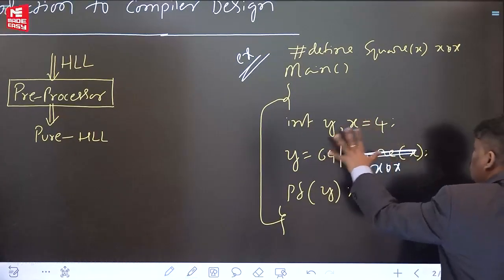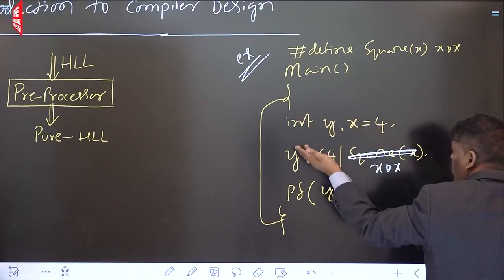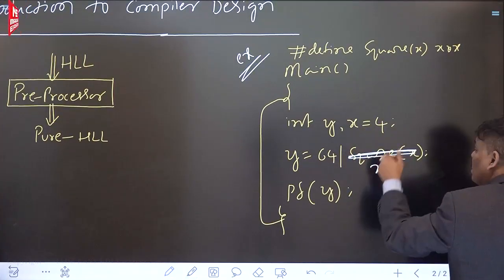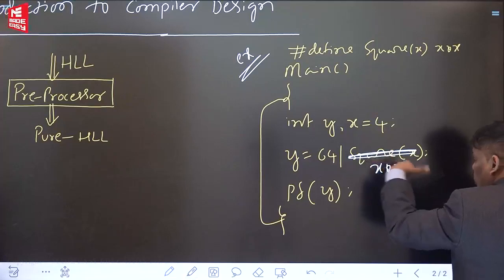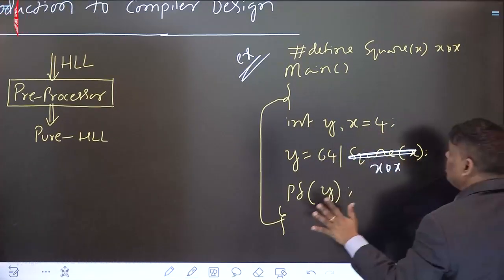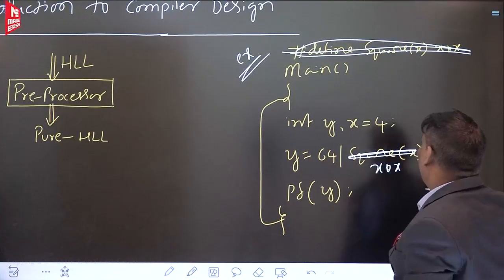Assume the shortcut is in many places. He will replace shortcut by actual everywhere. After everything is done, the preprocessor will remove this line. That is what the preprocessor does.